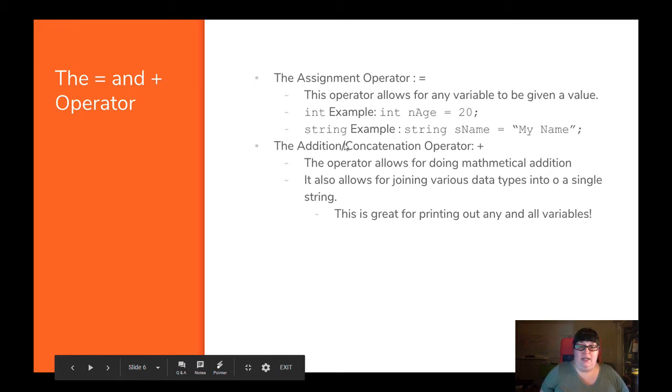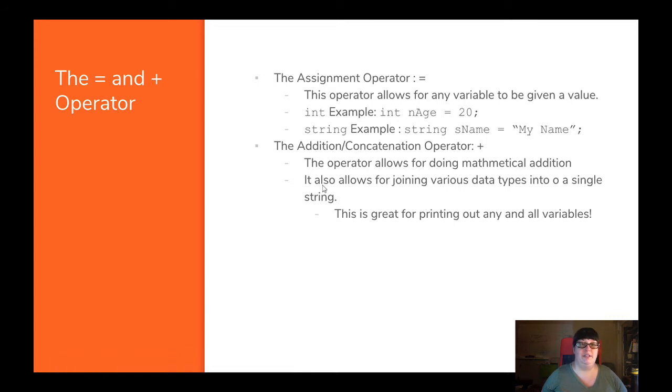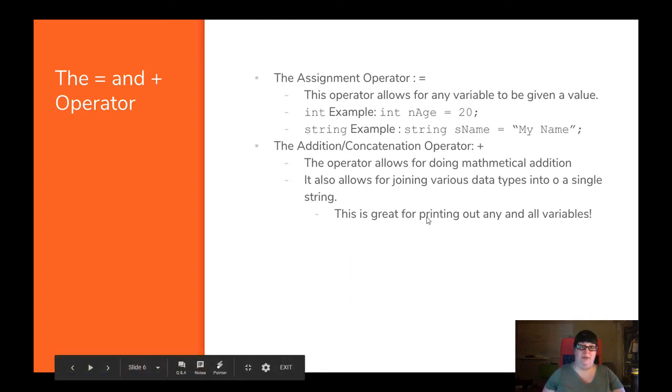And it is also what's called the concatenation operator. So it allows for joining various data types together into a single string. Now that we know, let's go back to our script.